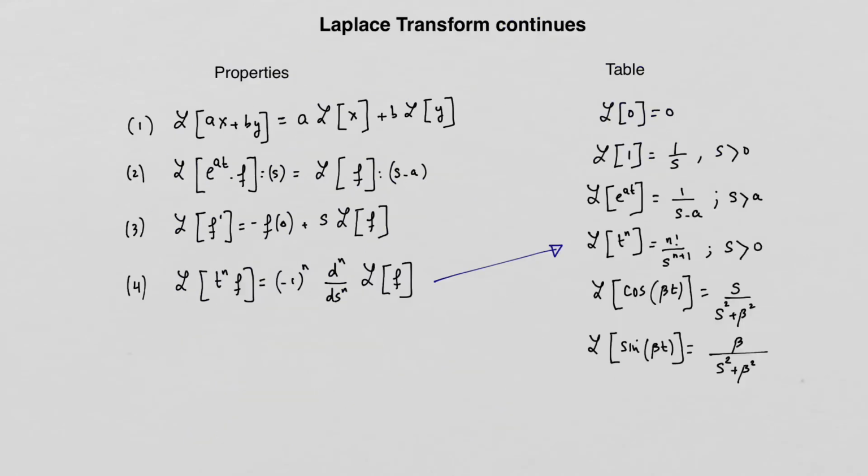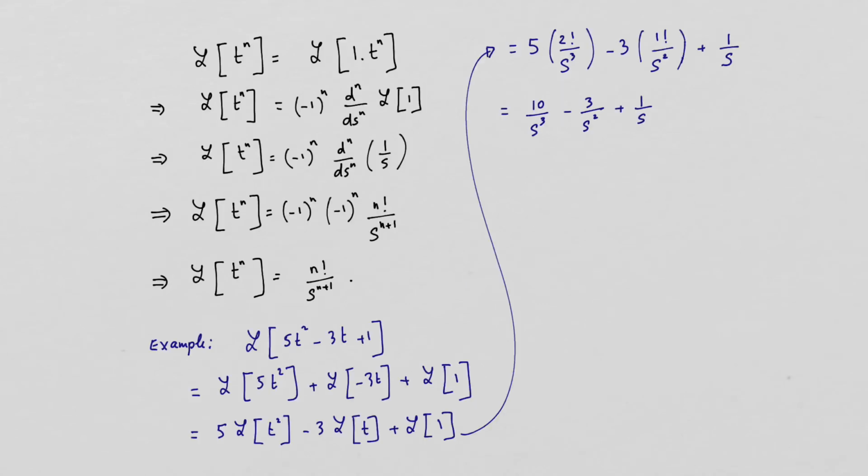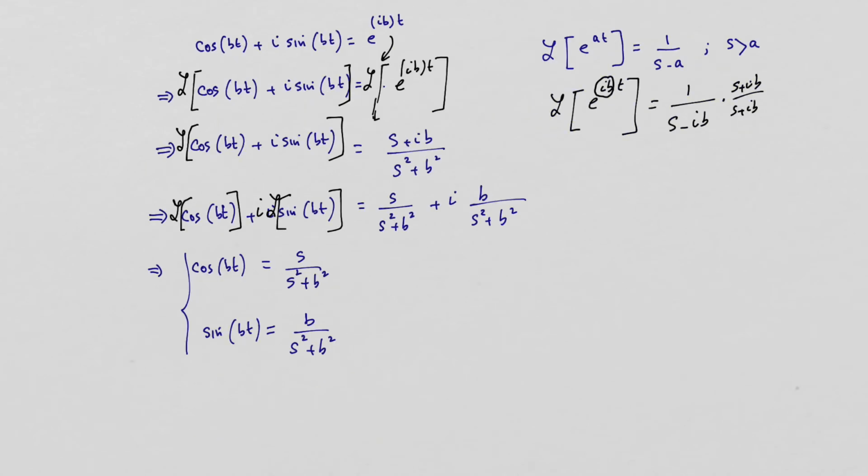Remember, this works for any a and b, even if a and b are complex numbers. Okay, they don't have to be real numbers. So Laplace transform of cosine bt plus i Laplace transform of sine bt is this. And I split it right there. So I took the real parts and I took the imaginary parts separately.